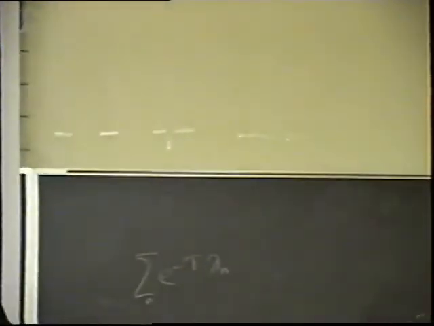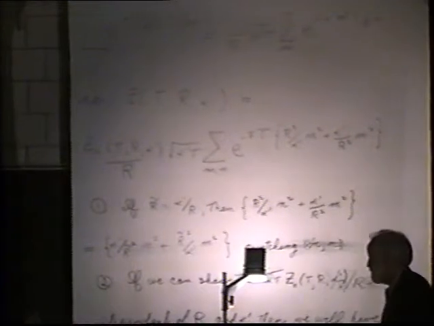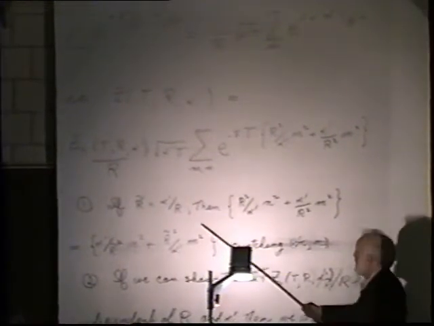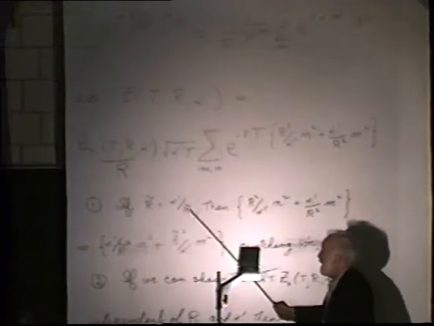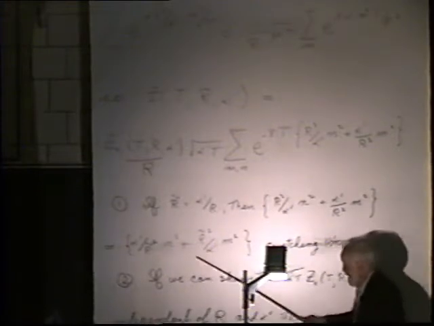Now we make the remark, and this is what T-duality says. If r tilde is alpha prime over r, then this expression is the same as the expression if you just substitute for r. You get the same expression except m and n are switched.